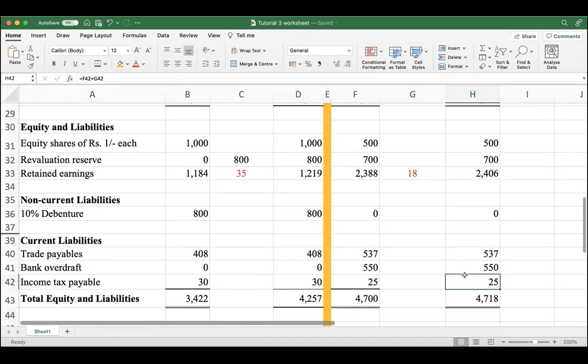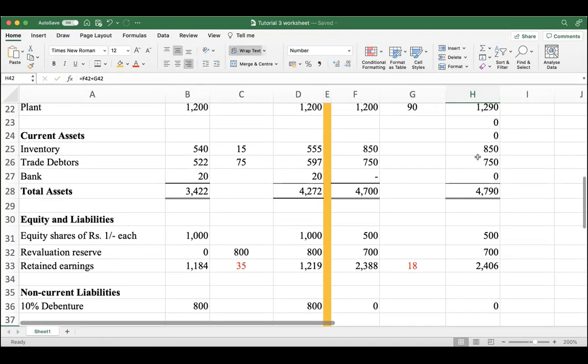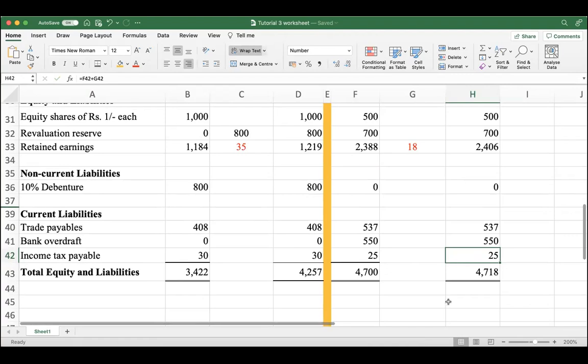Right. So you don't need to worry about this. Total assets is not equal to equity and liabilities because we have not passed any double entry. We adjusted our financial statements to make them suitable for the analysis. The differences in the two companies we have adjusted.